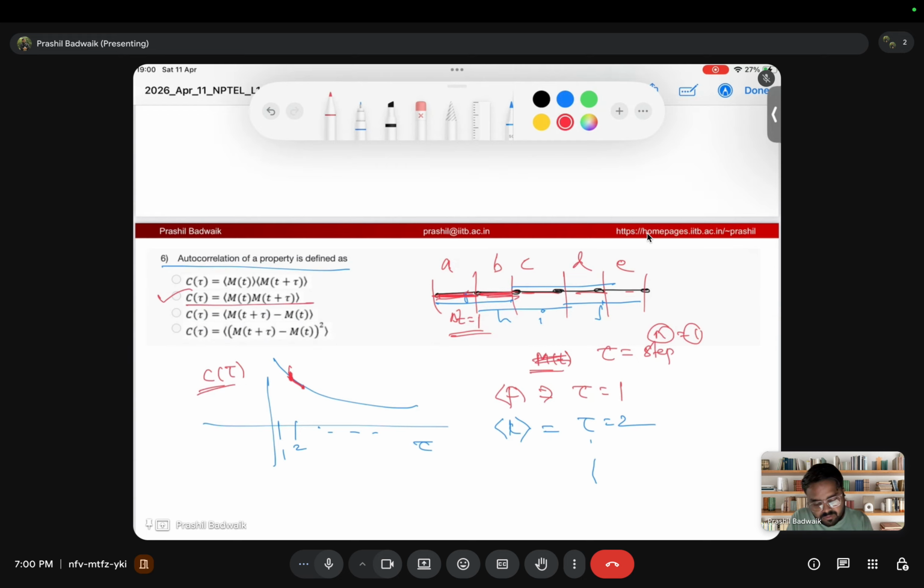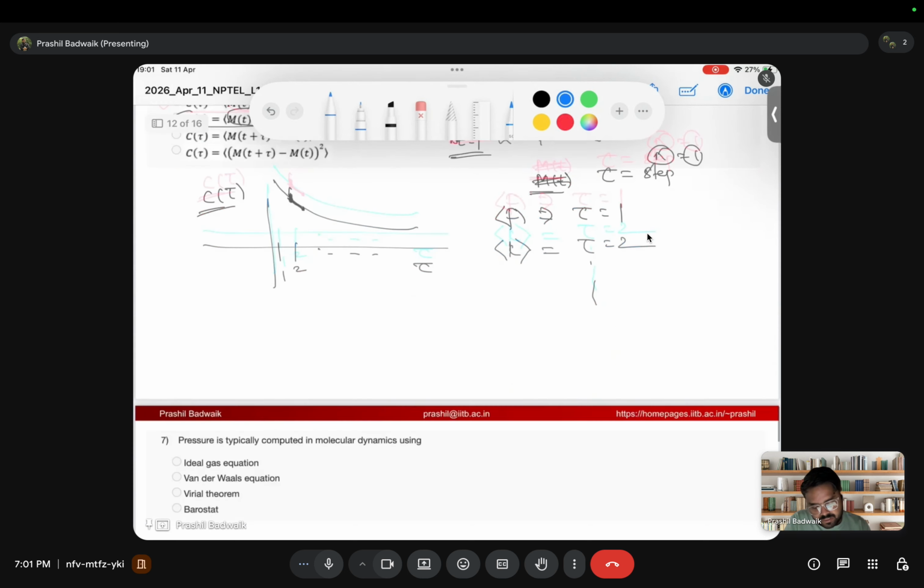We first calculate the values, multiply those values: the property at t and the property at time t plus tau, and then we get the average value. That's where we get the c of t, that is the autocorrelation of a property.